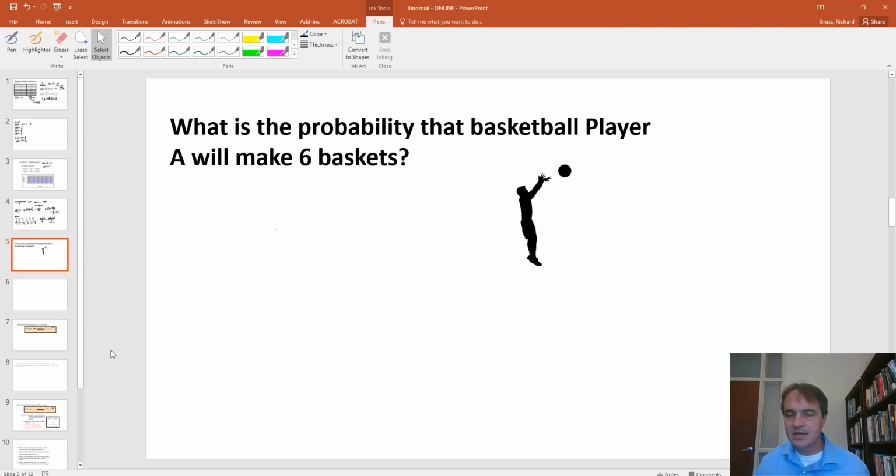Okay, so let's think about this. When we try to come up with a probability distribution, we have to think about how the data is actually generated. And we're going to look at a particular distribution that comes from cases like these.